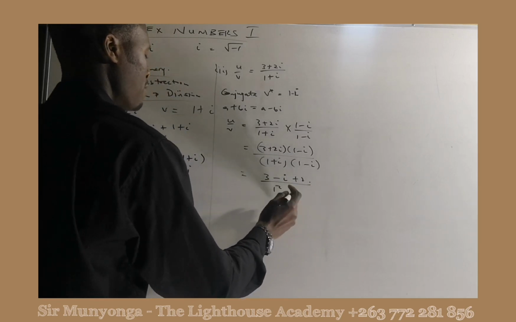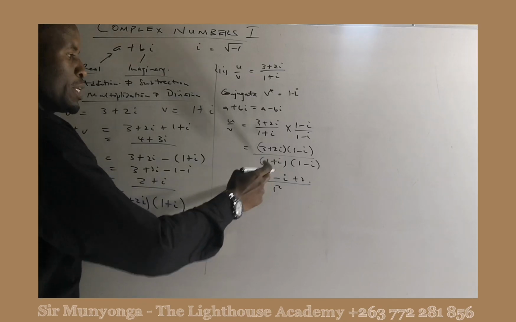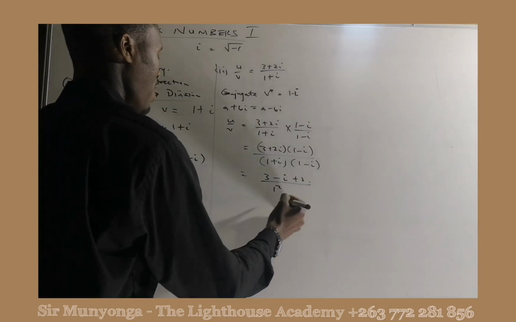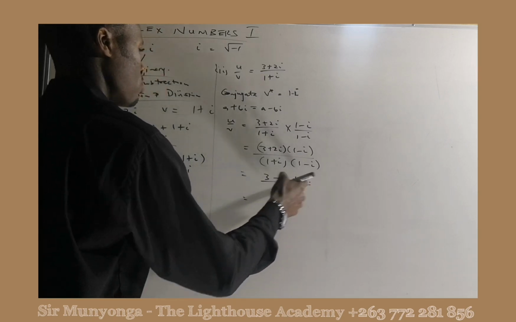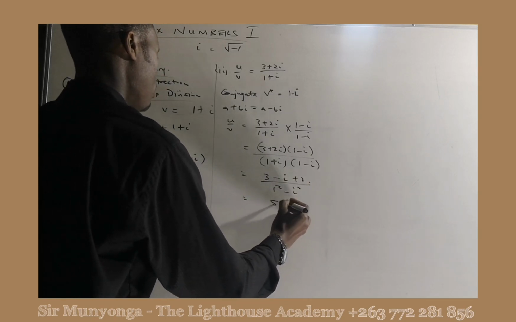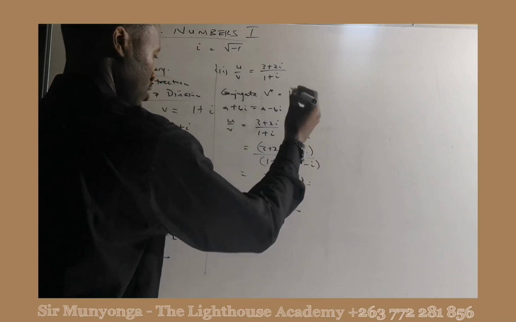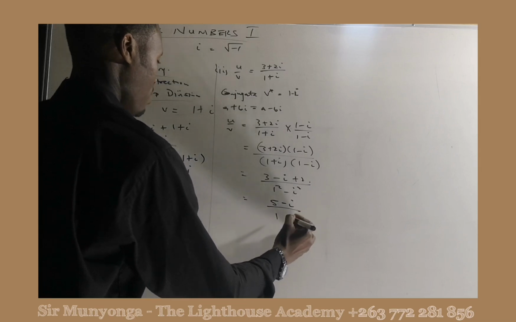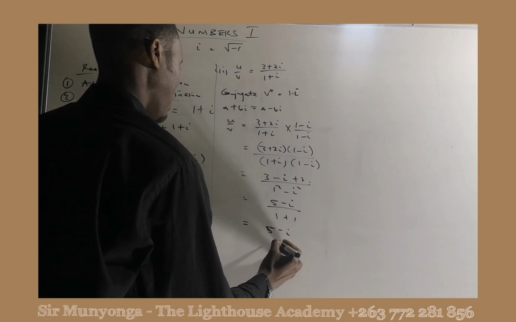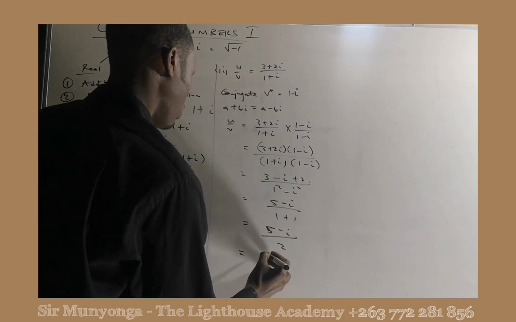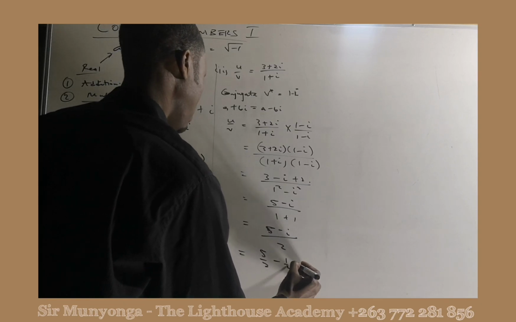The denominator, capitalizing on the difference of two squares, becomes 1 squared minus i squared. Since i squared is equal to -1, it becomes 1 plus 1, which is 2. So that will be 5 minus i over 2, which can now be written as 5 over 2 minus i over 2.